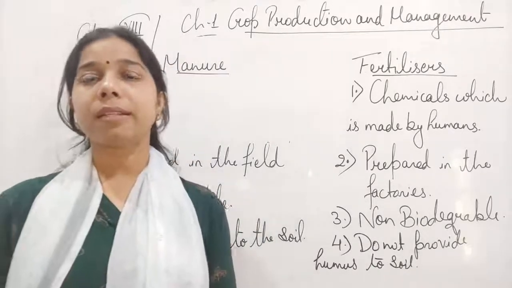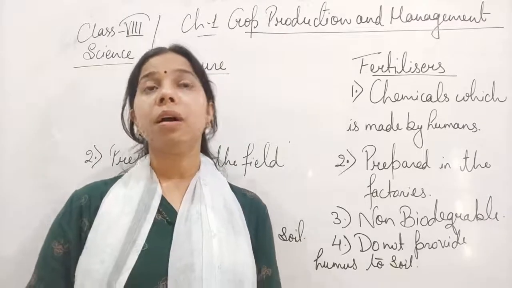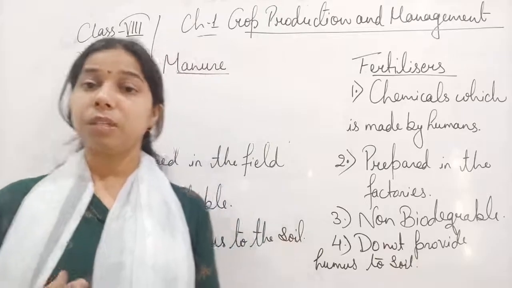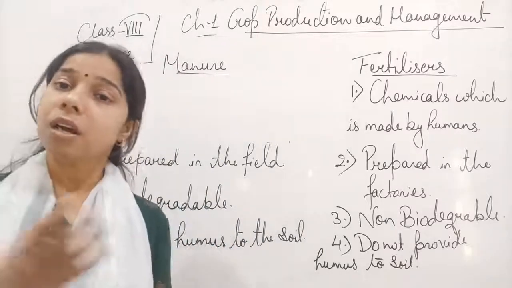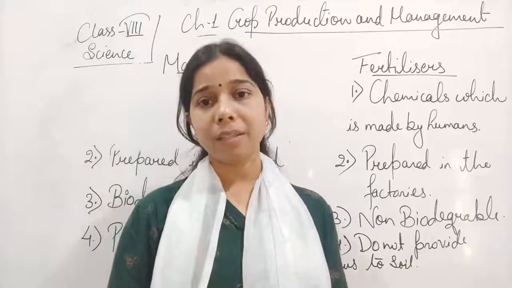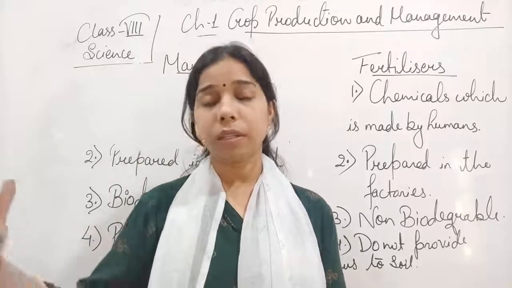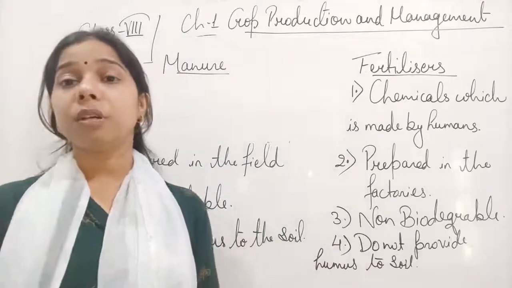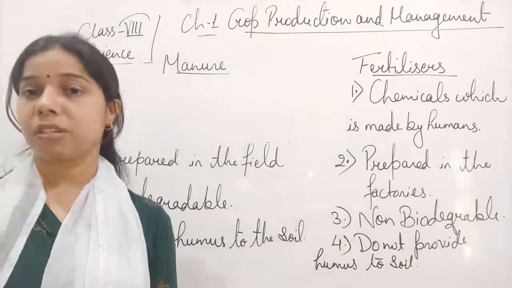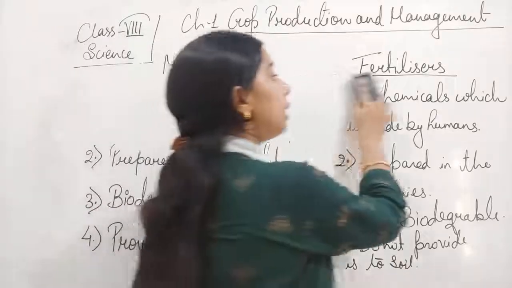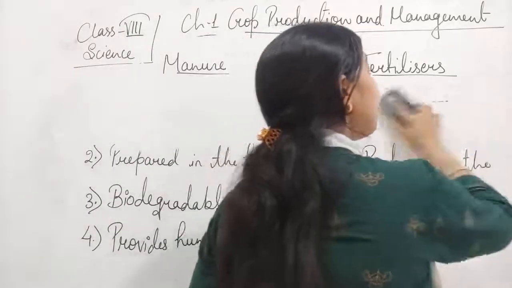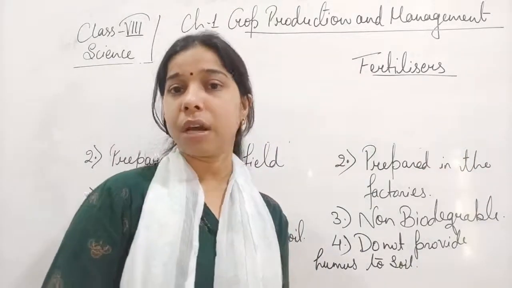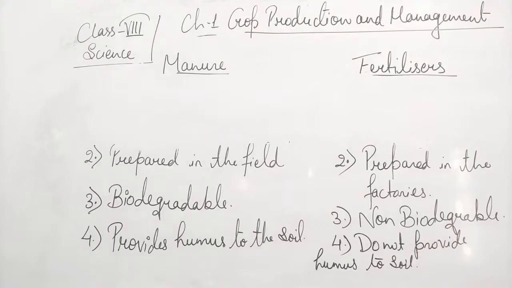But the problem is that manure is not able to provide all kinds of nutrients to the crop. If a crop needs nitrogen or phosphorus, chances are that manure is not able to provide a sufficient amount of that. But a fertilizer is very rich in nutrients, so it provides a sufficient amount of nutrient to the soil. So we can write it here.